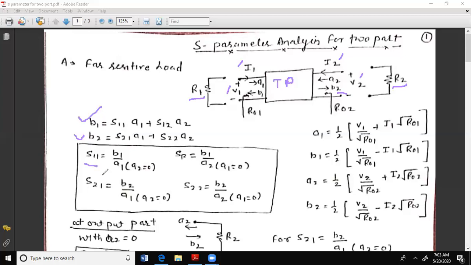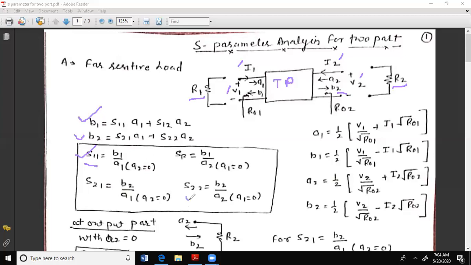S11 is B1 by A1: the reflected power at the input port to the incident power at the input port, with A2 equal to 0. It is the ratio of reflected power to incident power at the input port, so it is known as the input reflection coefficient.